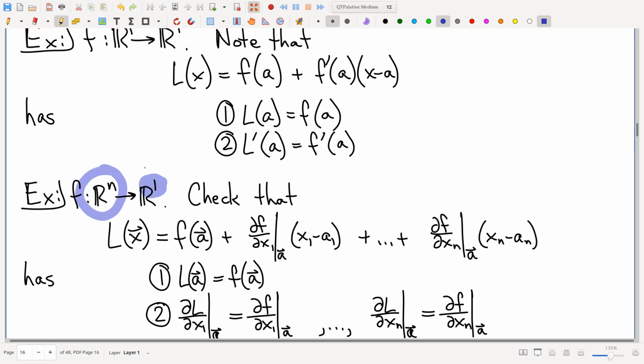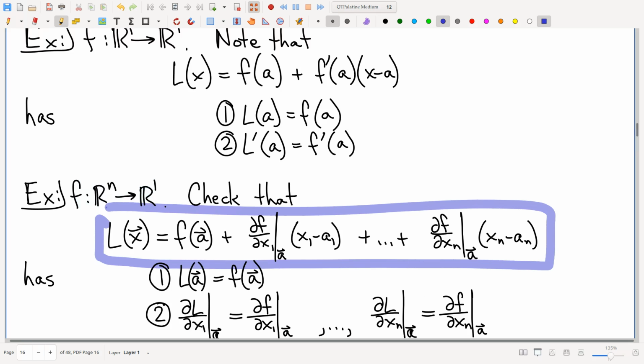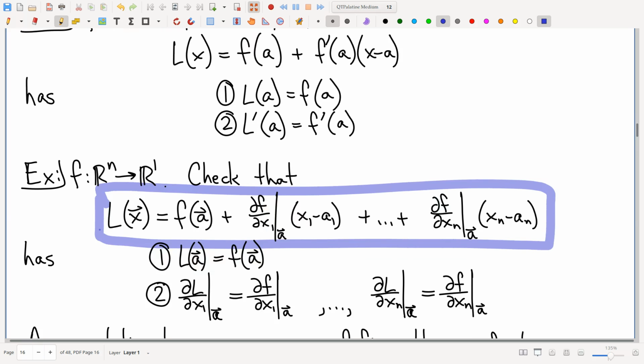But among real valued multivariable functions, this is the formula that does it. And this is something that you can check.